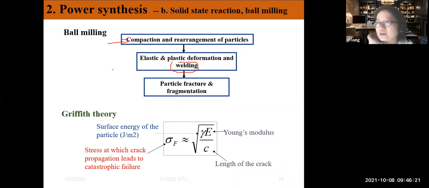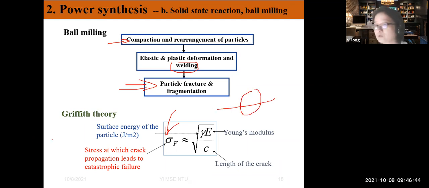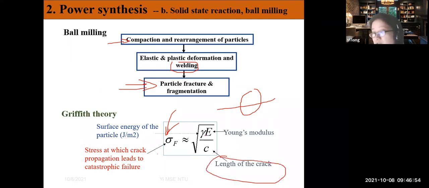The most important thing is that you will have particle fractures and fragmentations. Fragmentation means the particle becomes smaller and smaller. And the crushing stress is related to crack propagation, because you need to propagate a crack through large particles. The stress is inversely proportional to the crack size, with a constant.